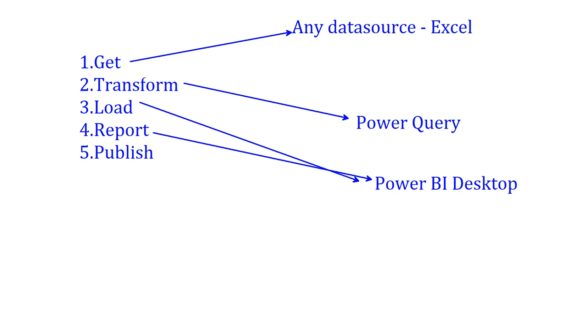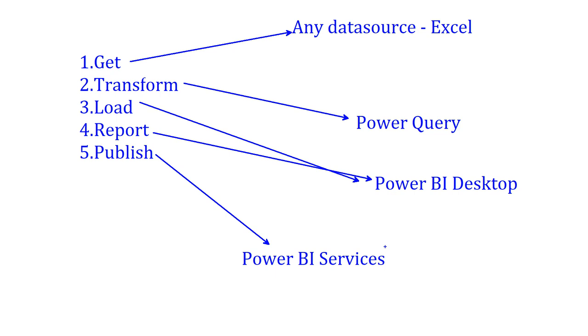Last, publish. Where do we publish it? Power BI service. That's all. This is what we are going to learn for the next 2 days: getting the data, transforming it, loading it, reporting it and publishing it.